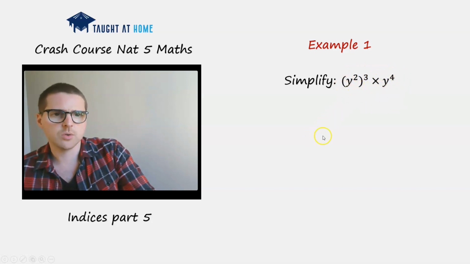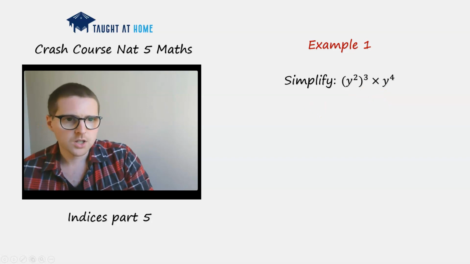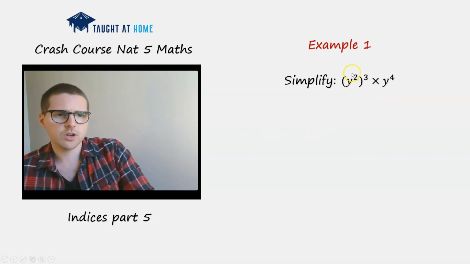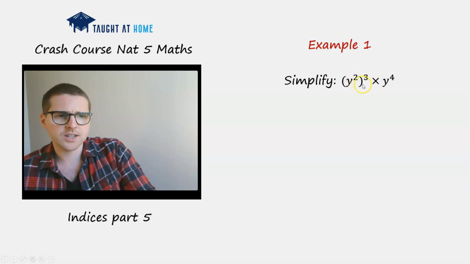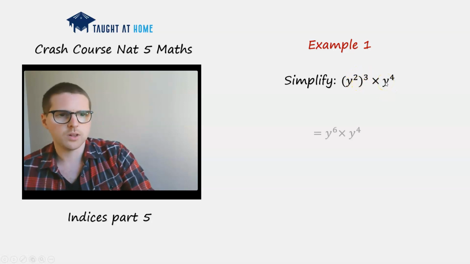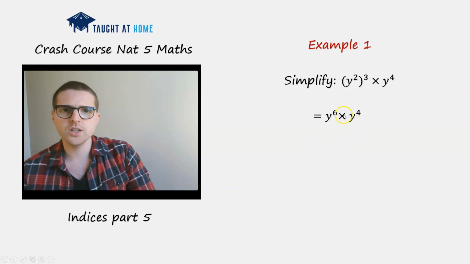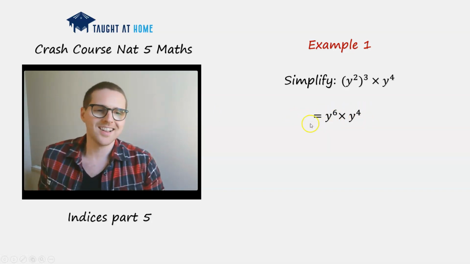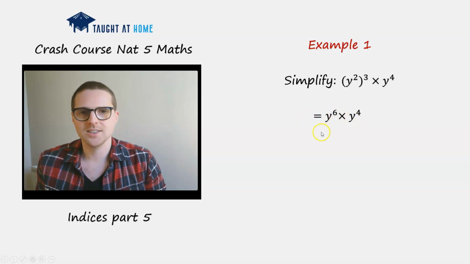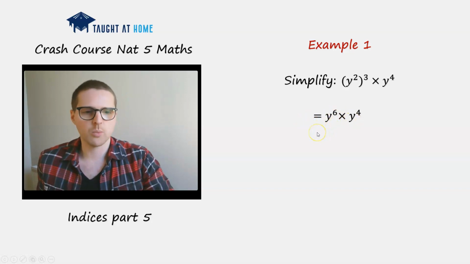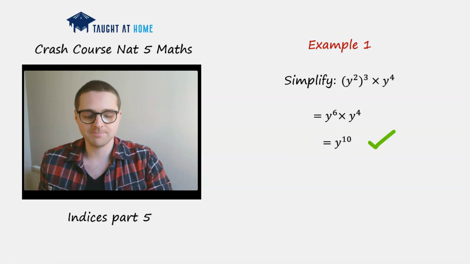Using the third law, y squared all cubed, we multiply the indices, so that would be y to the power of 6. Then what we're left with is y^6 times y to the power of 4. We use the first law of indices, add these indices up, and we're left with y to the power of 10.